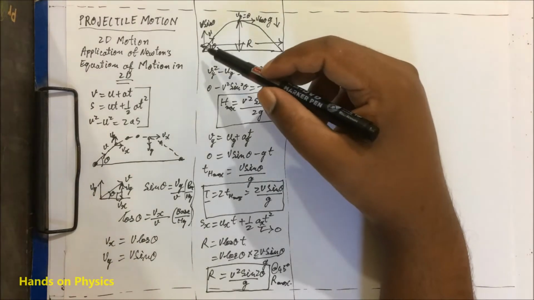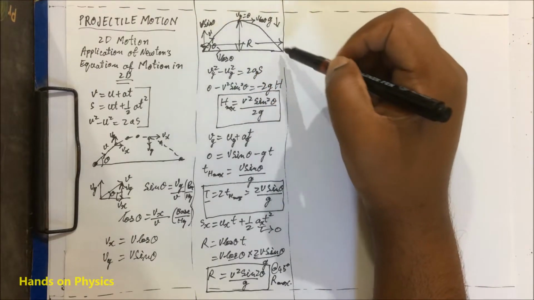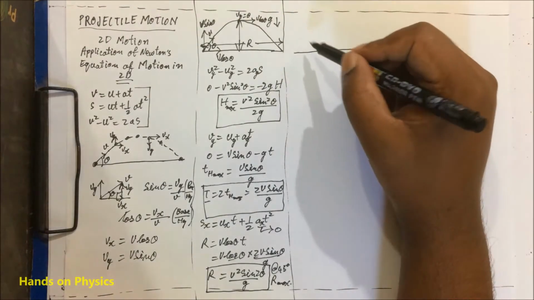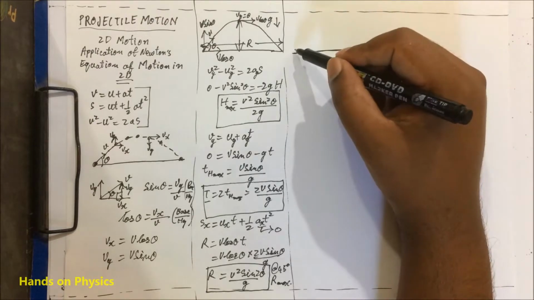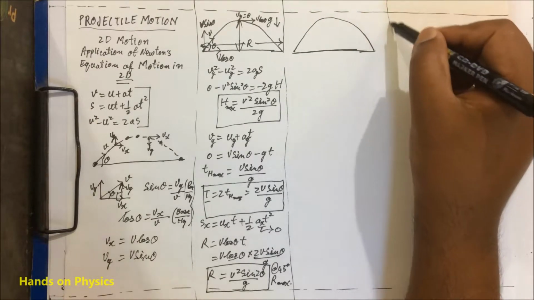Now let us try to find out the equation of the path of this motion. If this is the ground and you have sent a projectile from here, it goes like this and ends up here.